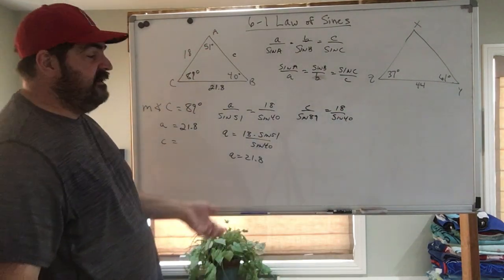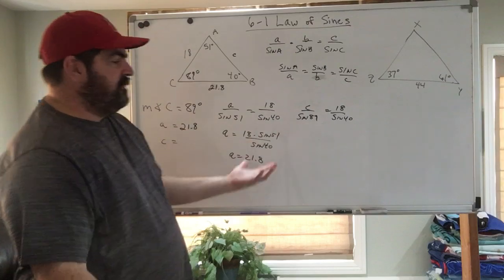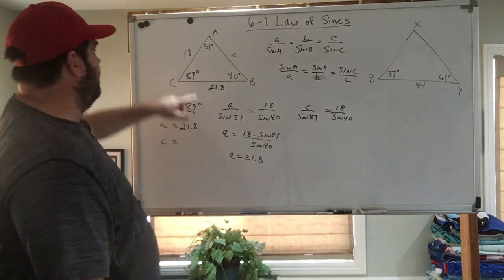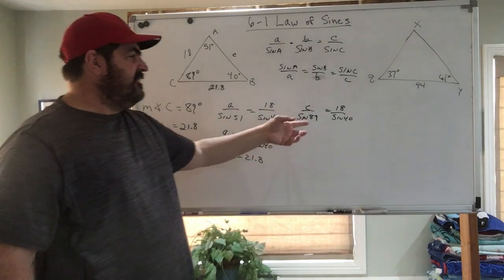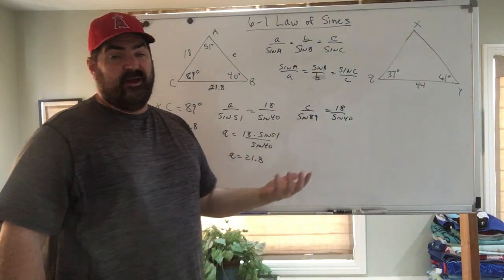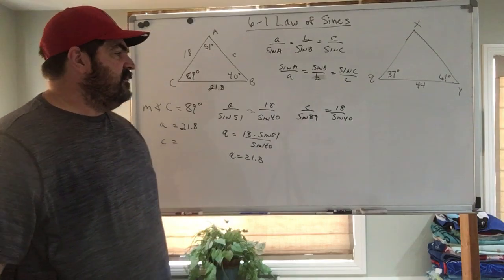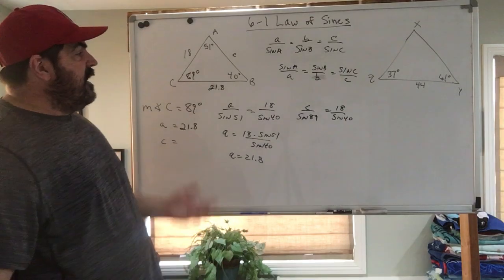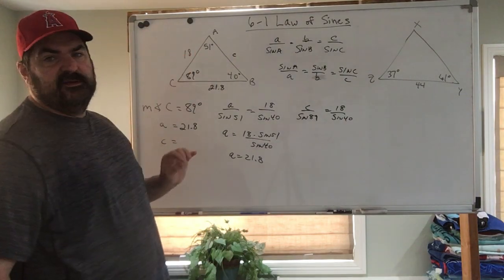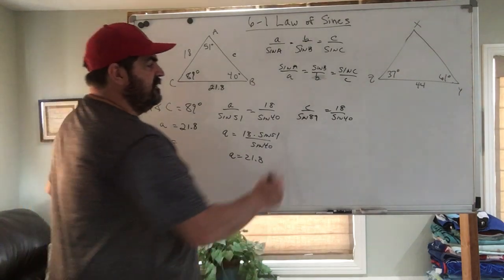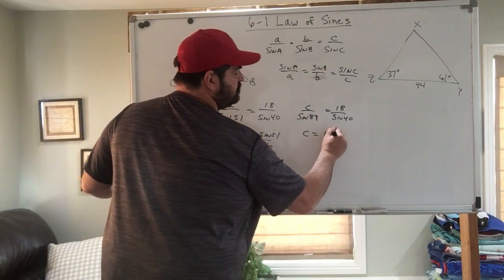Now, technically, because I now have A, I could do 21.8 over sine of 51, but I'm using a rounded answer. Remember, I rounded this to 21.8, so that would make C off a little bit, so your accuracy goes down a lot. So I recommend you just always use the angle-side pair that's given to you, and you don't have to worry about accuracy.